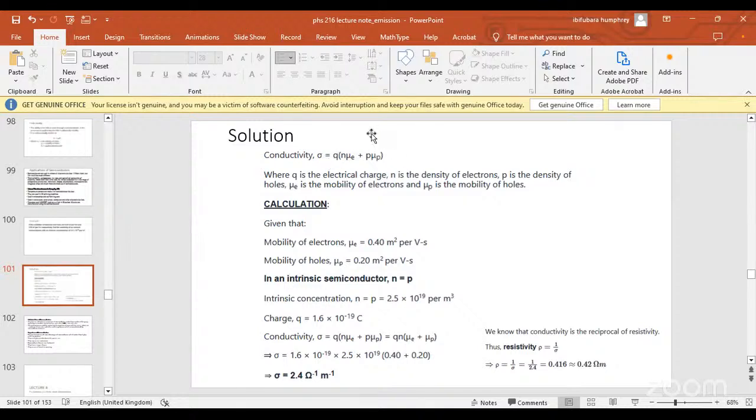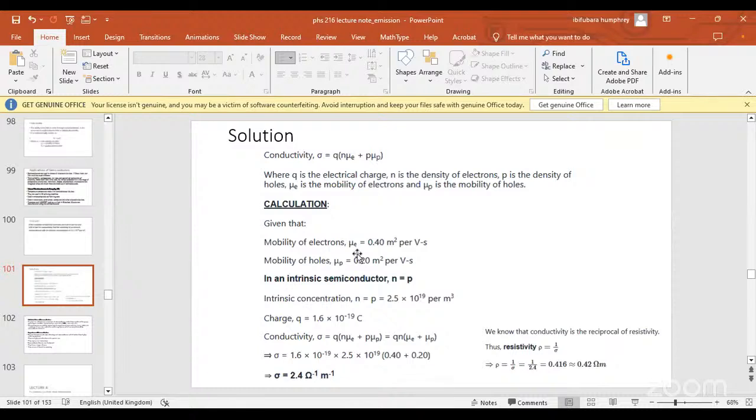When we substitute all these parameters and get our mobility, the next step will be to find the reciprocal of mobility. The mobility of electron is given to us as 0.4, mobility of hole 0.2, and the intrinsic concentration is 2.5. Remember I said before that holes and electrons are equal in an intrinsic semiconductor.